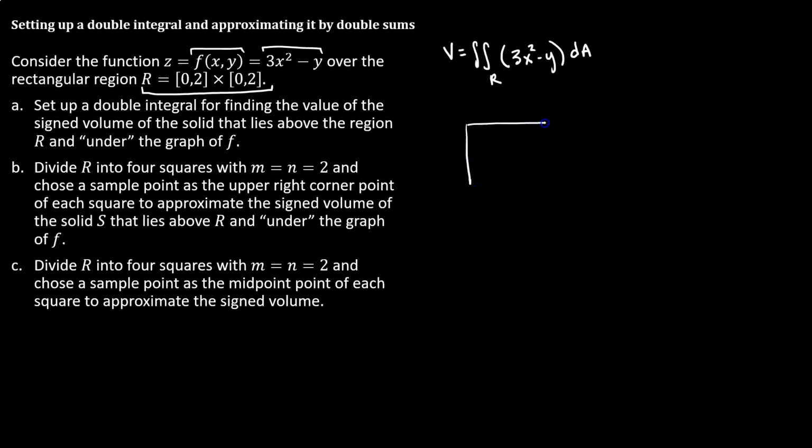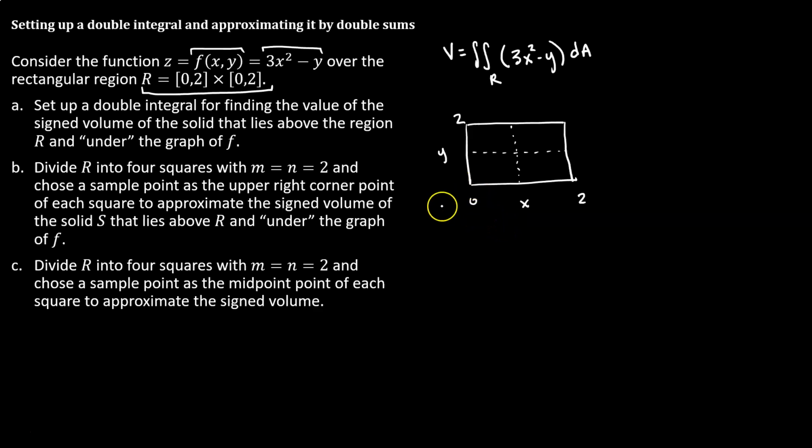So the rectangular region R that we're integrating over, the x values go from 0 to 2, the y values also go from 0 to 2. And if we were to partition this, let's think of a really simple partition. We are going to name each region or each point in our region by some index. So over the x values, maybe we index with i.